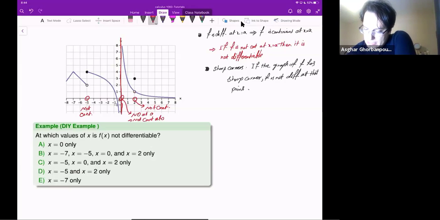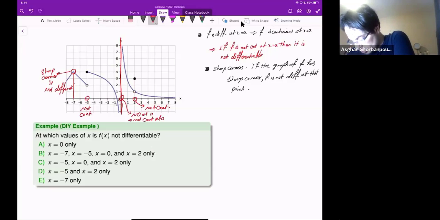So in this example, every single point, other than the ones where the function is not continuous, is nice, but this piece here is a sharp corner, and it's not differentiable. And for this function, that's it.